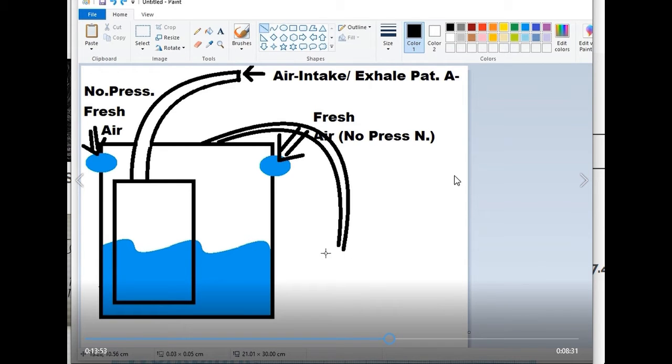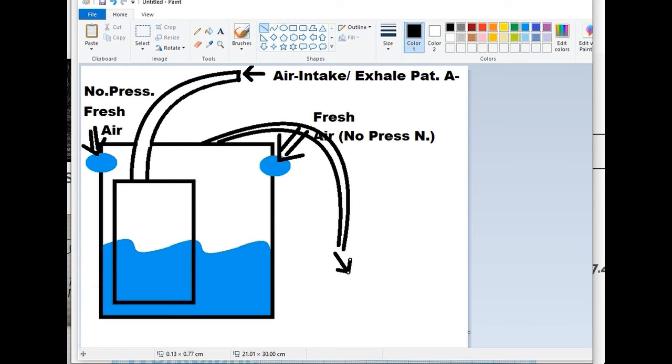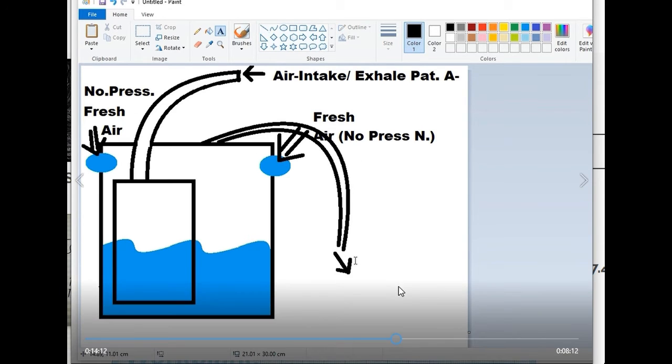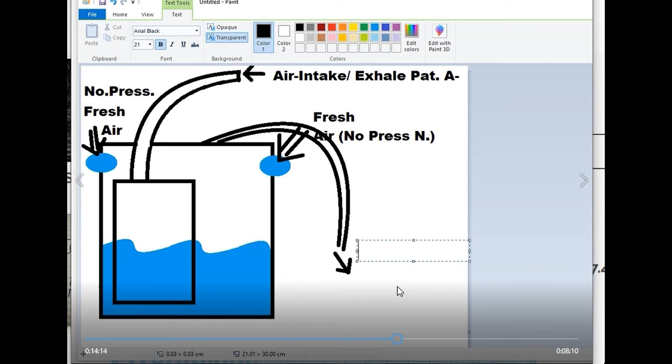So here's the next thing. I'm making here a little arrow. At least I'm trying, as you can see here. I'm desperately trying to write on it, and here it comes. That's the air outlet.